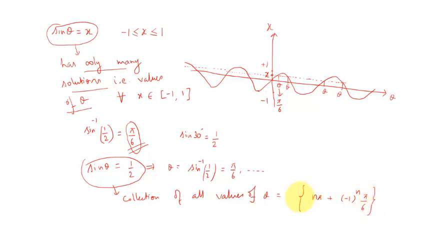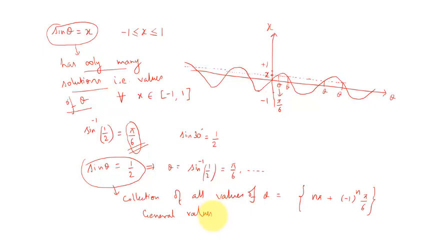You all have done this and learned this in your intermediate course, and these values are called general values, and they are not a single value. In fact, they are a set of infinitely many values.